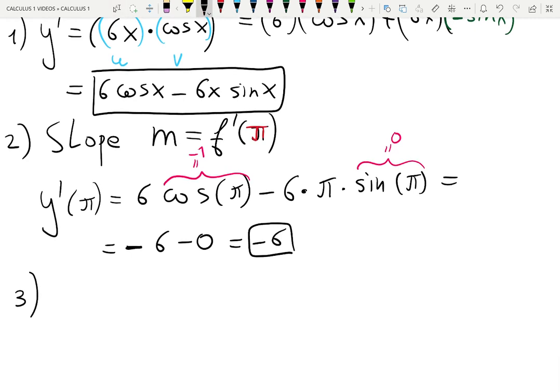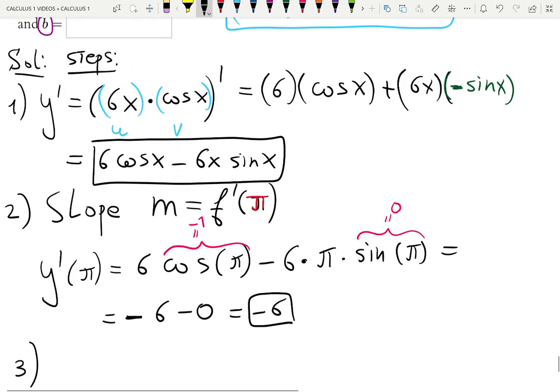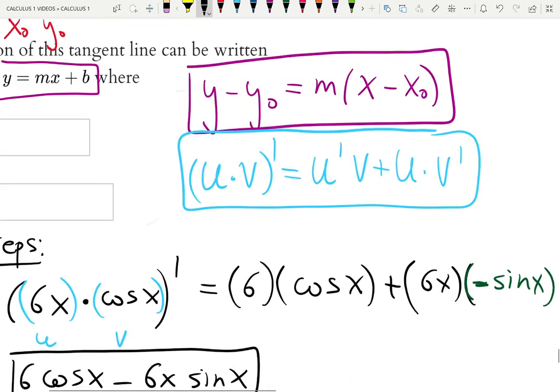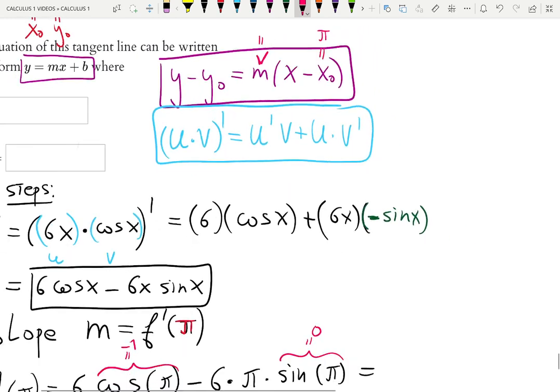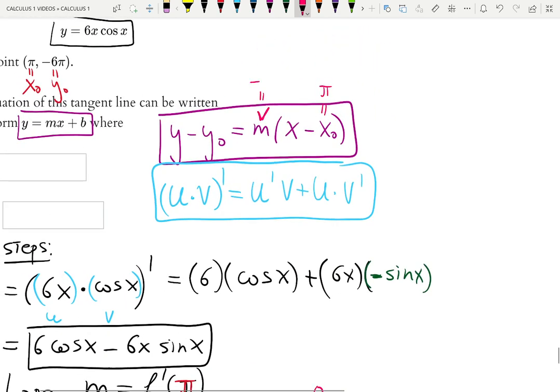The third step might need to be done or might not. Let's check what we have for the equation we're looking for. X sub 0 was given, that is pi. The slope m, we just found, that is negative 6. The only unknown left to find is y sub 0.